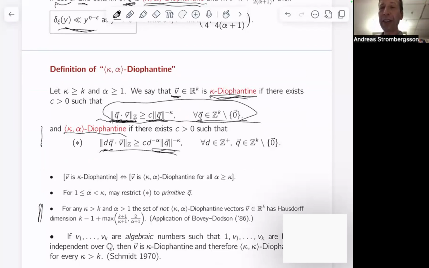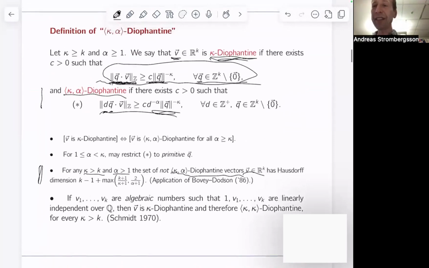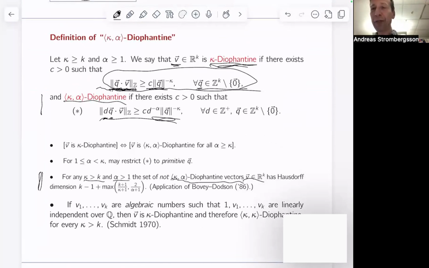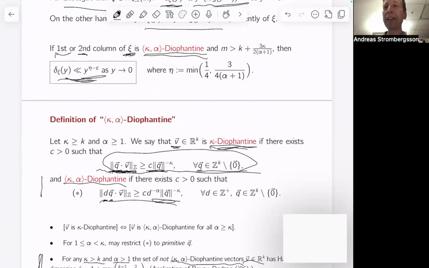In particular, for any kappa greater than k and any alpha greater than 1, Lebesgue almost all vectors V are kappa comma alpha Diophantine. As a consequence, using some rather difficult results by Wolfgang Schmidt, you get that supposing that either the first or the second column of psi consists of real algebraic numbers, and assuming that one and the entries of this column are linearly independent over the rational field, then you will get some power rate decay with an explicit power.